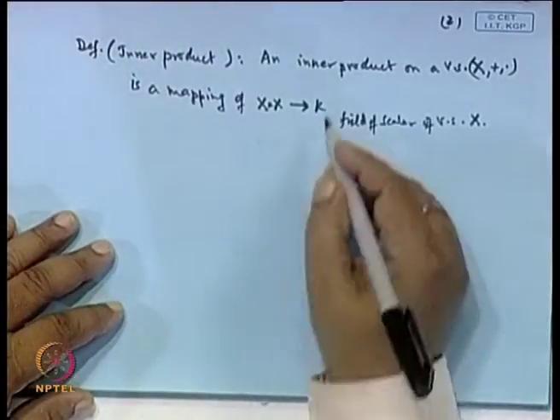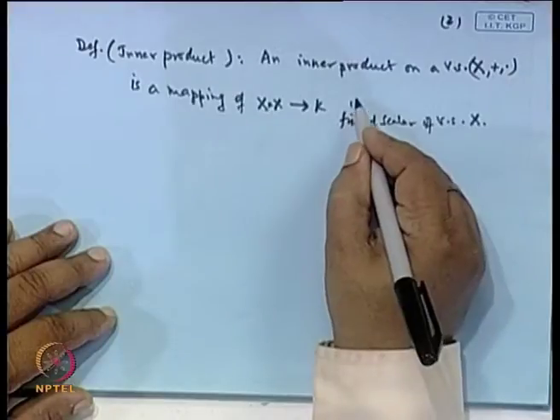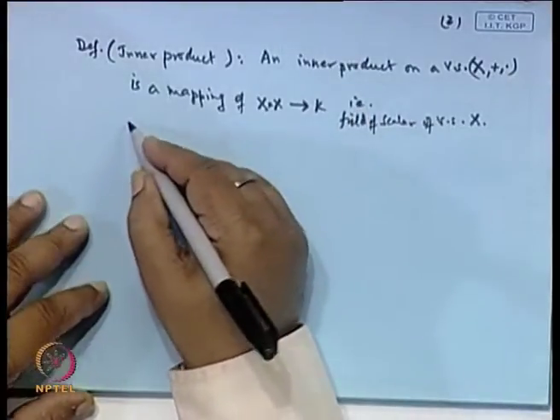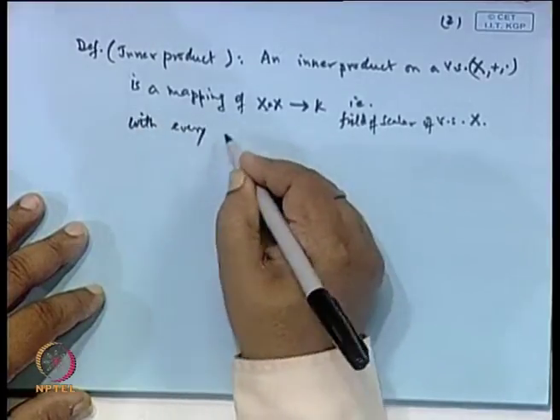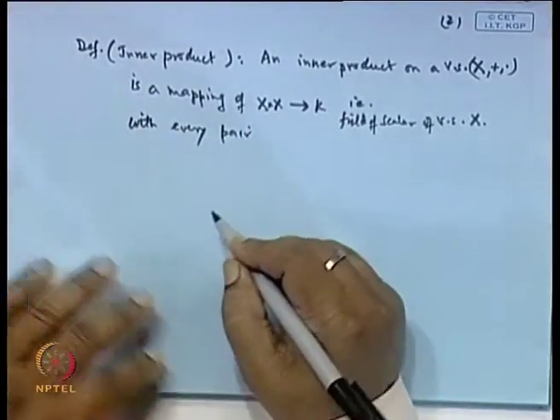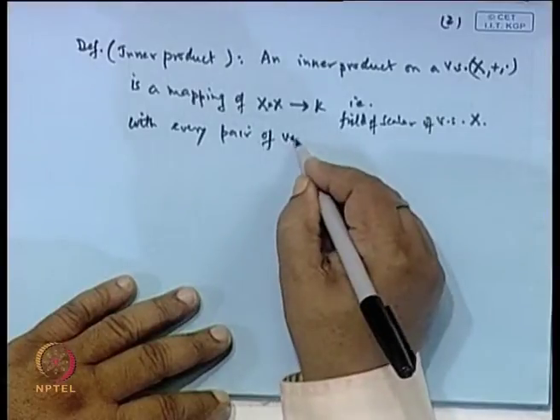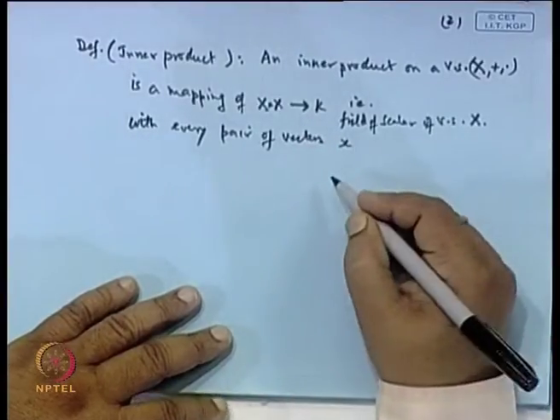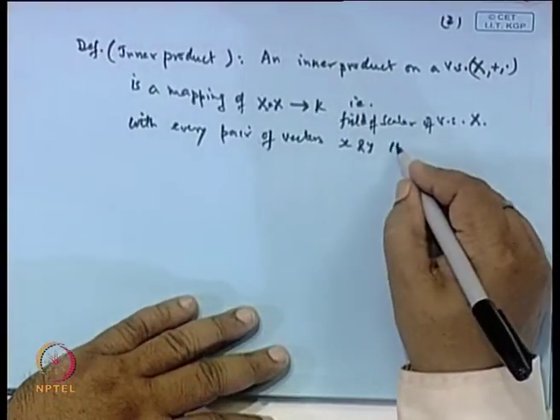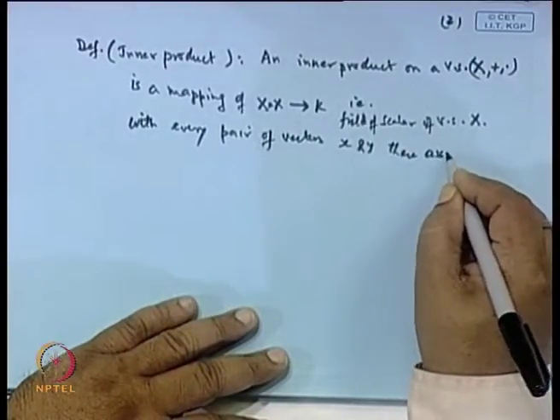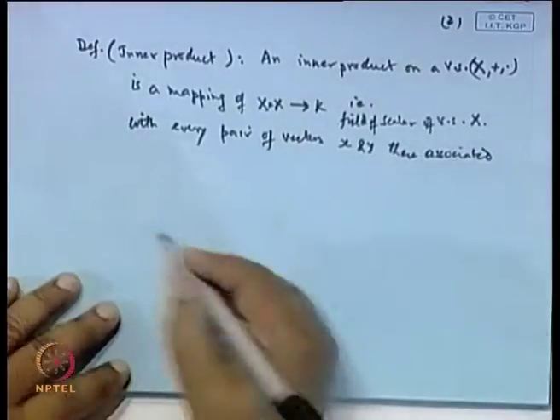That is, a map with every pair of vectors x and y, they are associated with a scalar.